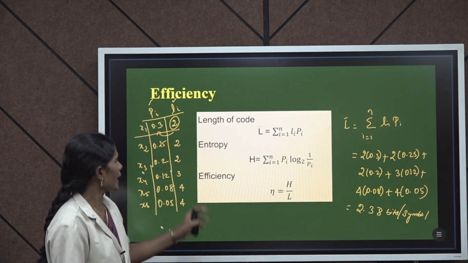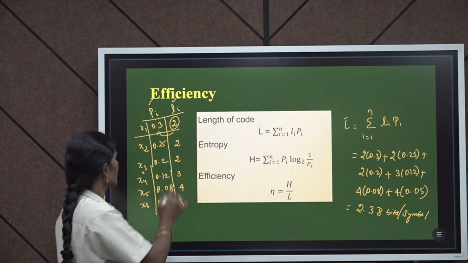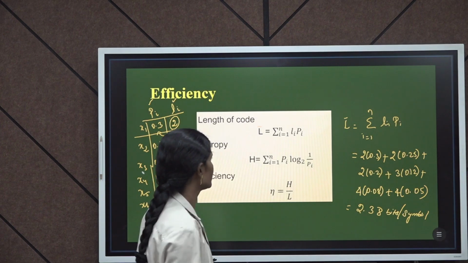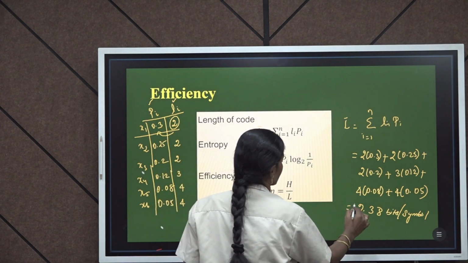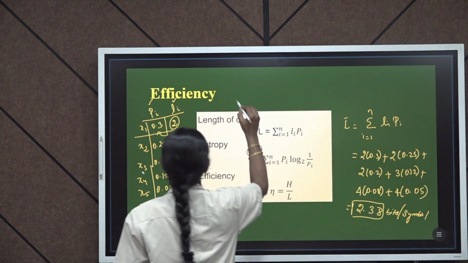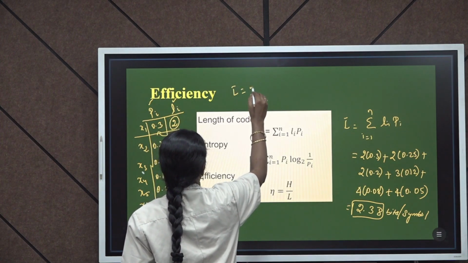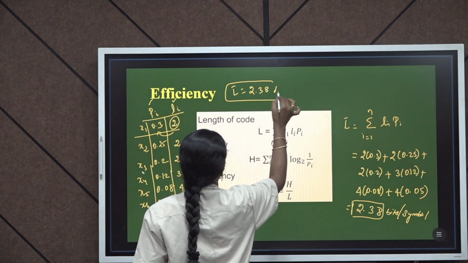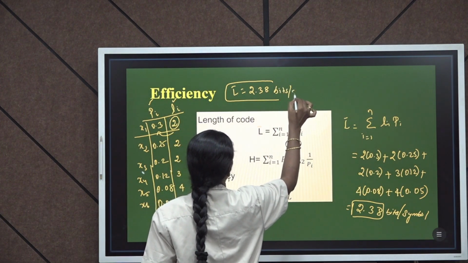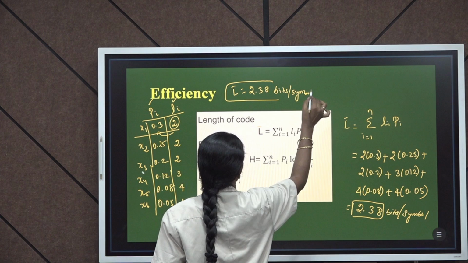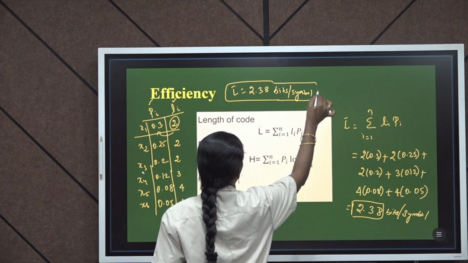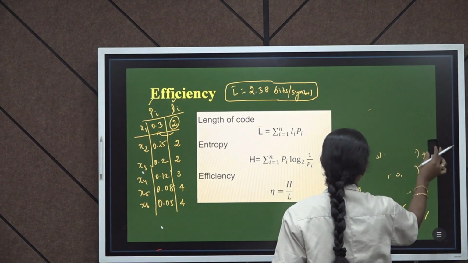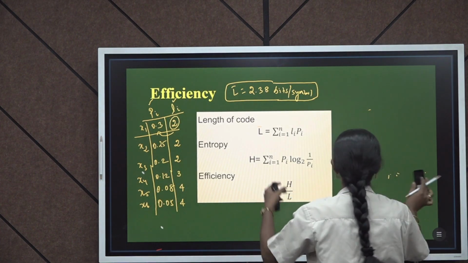Next we can identify the entropy, right? By using this data we can calculate the entropy here. So L bar is 2.38 bits per symbol. Next we calculate the entropy.